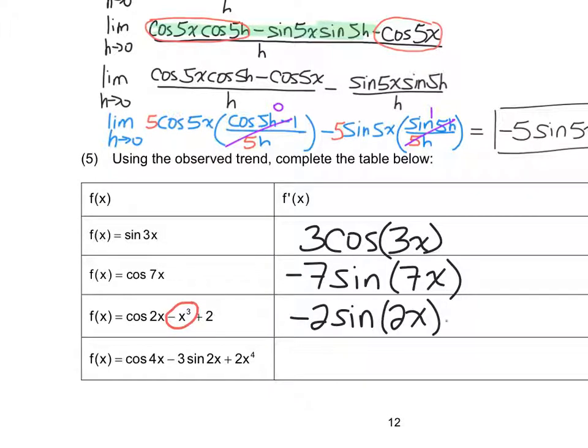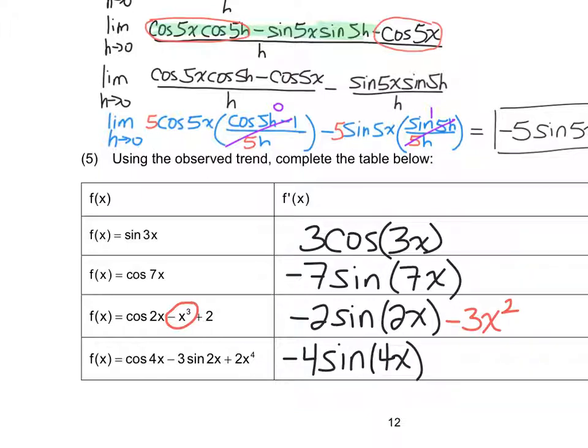Minus 3x squared. And the 2? 0. Derivative of a constant is equal to 0. All right, so the negative x squared, we applied that power rule that we talked about last week. So it's kind of a mixing and matching here. All right. For the last one, the cosine 4x becomes what? Negative 4 sine 4x. Exactly.